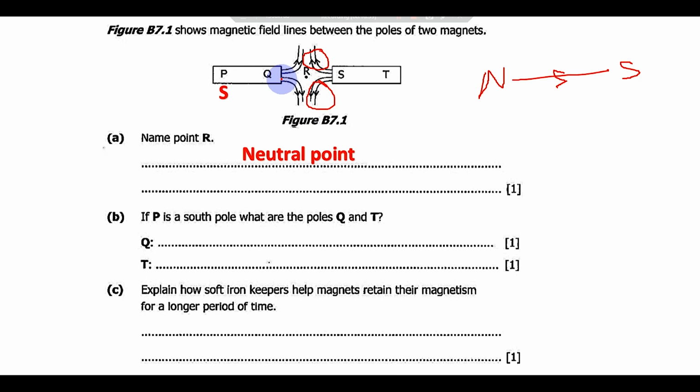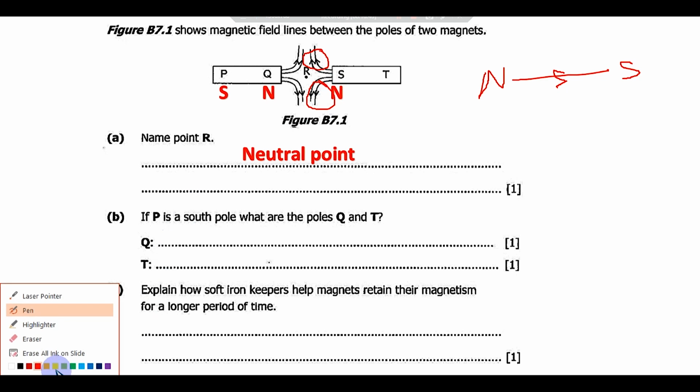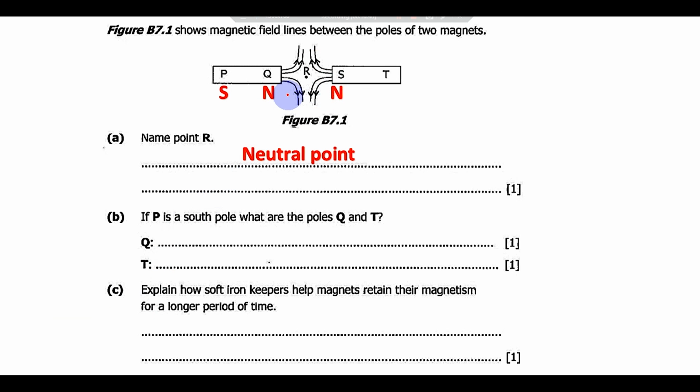They are pointing to the south, meaning these two are north poles. This type of pattern can only be formed where magnetic field lines are pointing away from the ends, which happens only when you have two north poles. So now we can name the poles of Q and T. Pole Q, or the end Q here, is a north pole and the end T is a south pole.